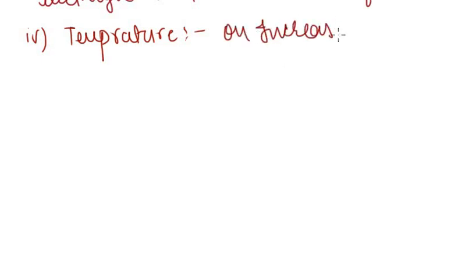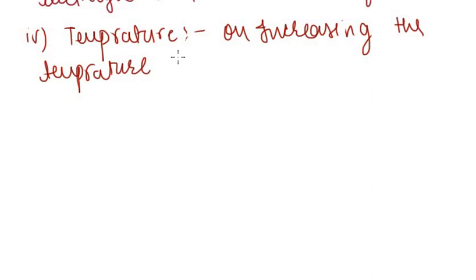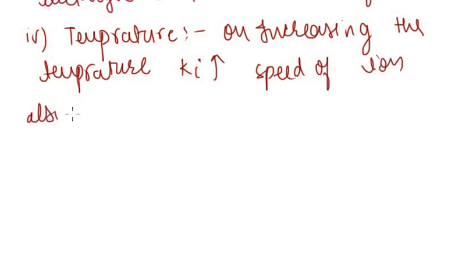Now we'll talk about temperature. The next point we're going to talk about is temperature. Whenever we increase the temperature, Ki increases and the speed of ions also increases.